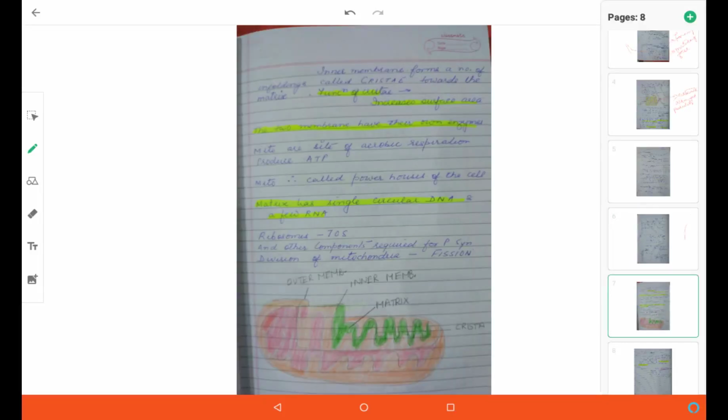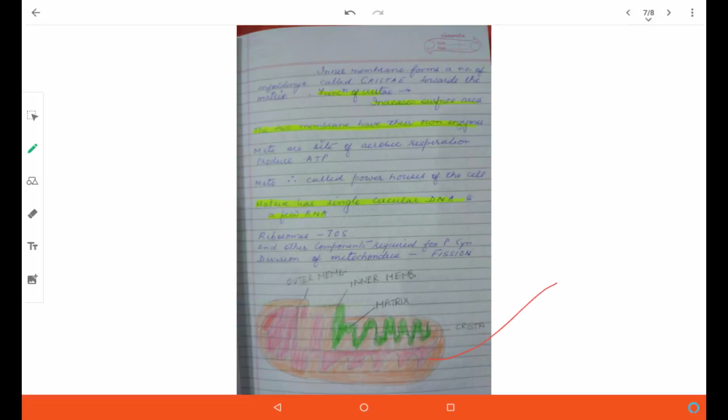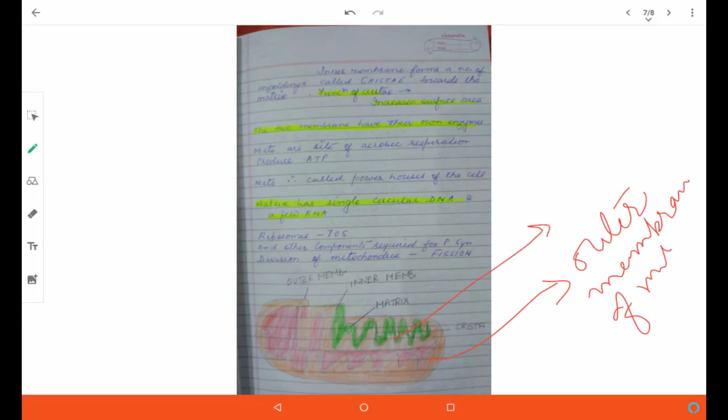You can see that this is the outer membrane of the mitochondrion. This is the inner membrane, and the inner membrane is thrown into cristae.